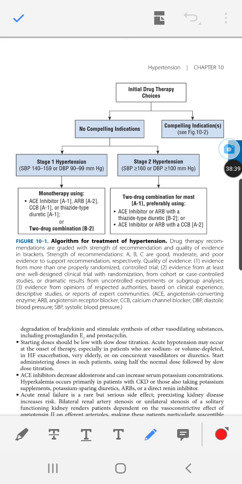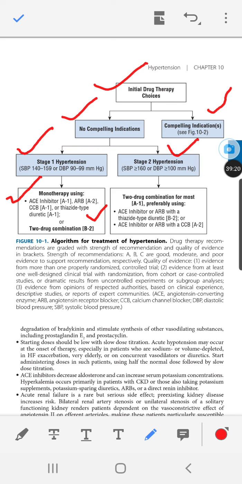So here this is the initial drug therapy choice. If there is no compelling indication, if there is a compelling indication. No compelling indication means if there is no disease, no kind of cardiovascular problem, then if you have stage 1 hypertension or stage 2 hypertension, for stage 1 you can go for the first line agent monotherapy, which is ACE inhibitors, ARBs, CCBs, or thiazide type diuretics, or a 2-drug combination is the second option.